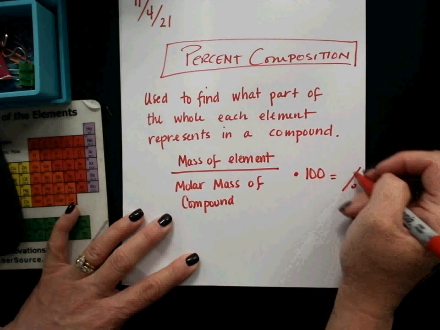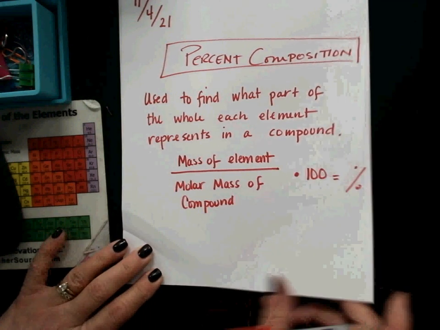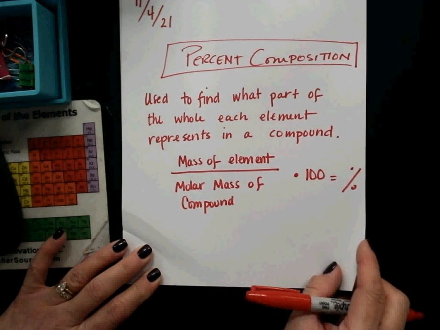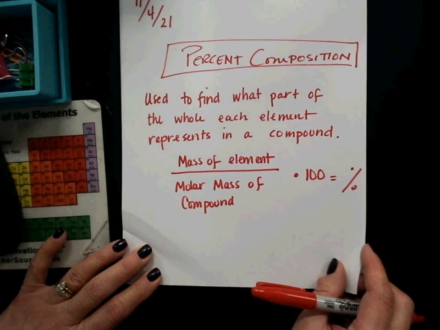And when I write the answer, I write it as a percent. So it tells us what percent of the whole each element is. And I'm going to show you the steps to work through one of them, and then you'll be able to use the ones that I've given you.